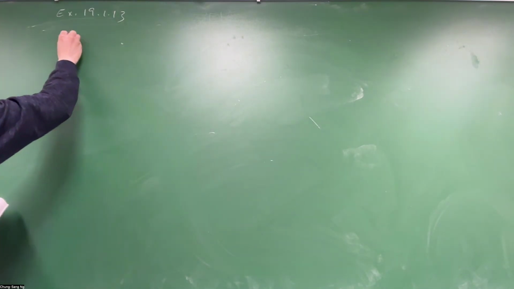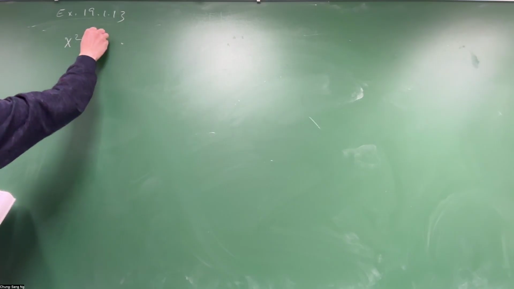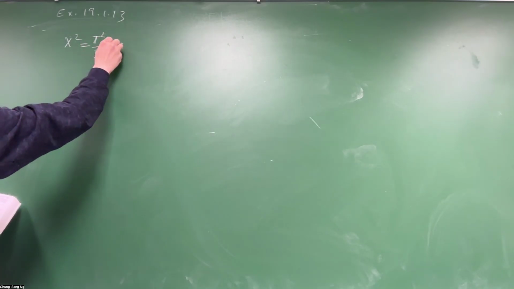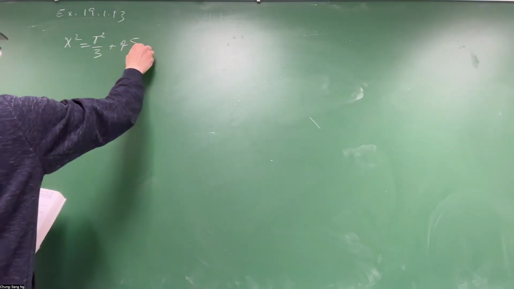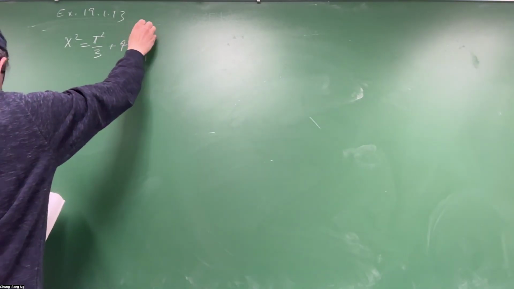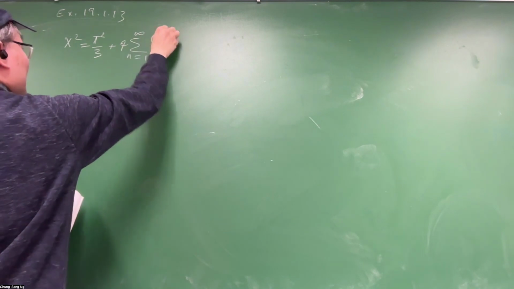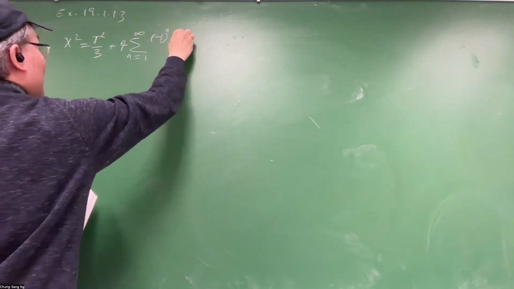Part B is just basically, it already gives you the Fourier series for x squared. You can also check that, but I don't know whether you actually need to calculate this Fourier series.